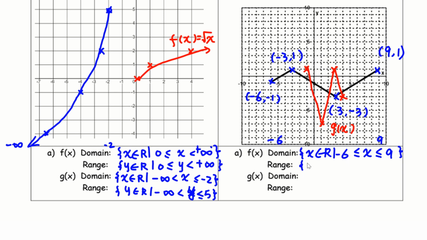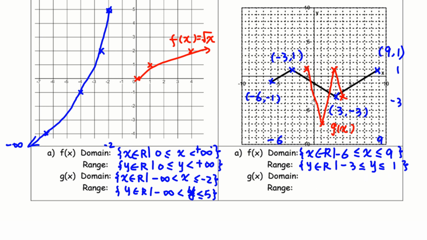For the range, we find the minimum and maximum for y. The minimum for y for the original one is negative 3. The maximum for y is positive 1. So minimum, maximum for y, put y in between, no open dots, means less than or equal to.